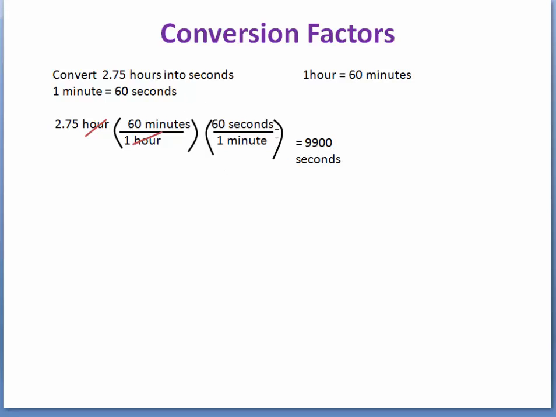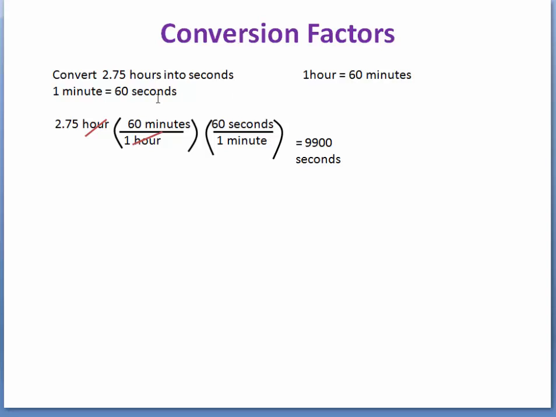And then our conversion factor, or factors in this case, because we want to convert first of all into minutes and then into seconds. So our first conversion factor is this one. Which way round? Look at where our units are. So hour on the bottom, we can cancel with the hour here. So write it this way round. We'll be left with minutes.